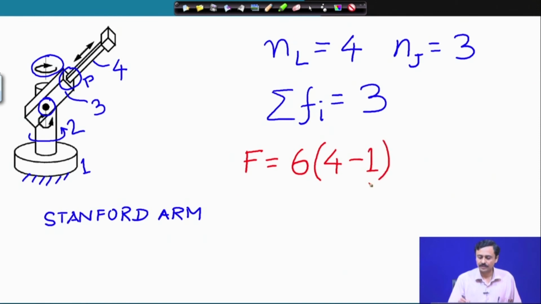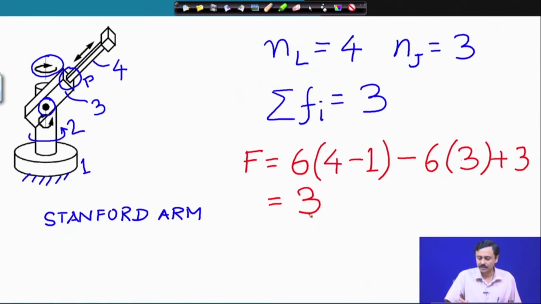So, 6 times number of links minus 1, minus 6 times the number of kinematic pairs, which is 3, plus the summation of degree of freedom of individual joints. So, 18 minus 18 plus 3. So, this has 3 degrees of freedom.